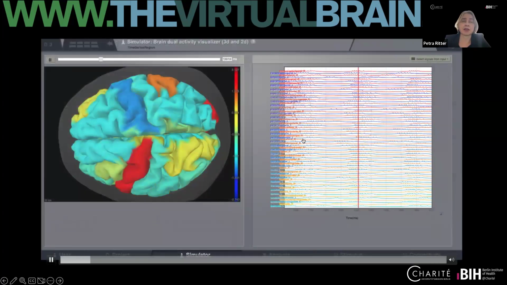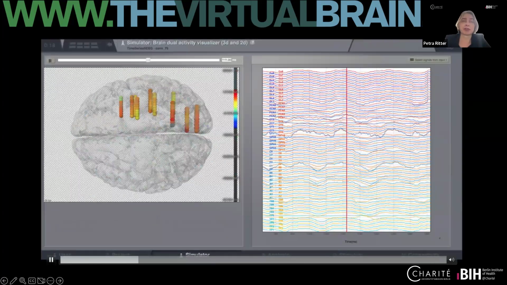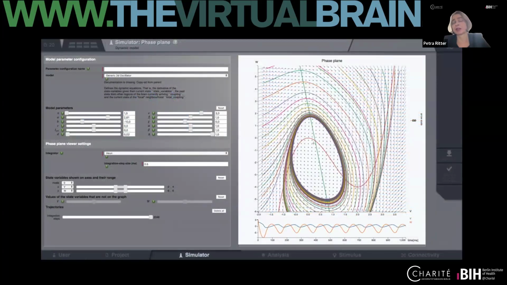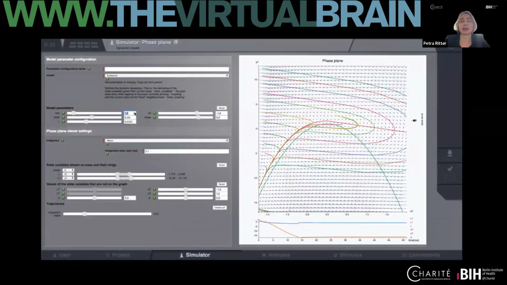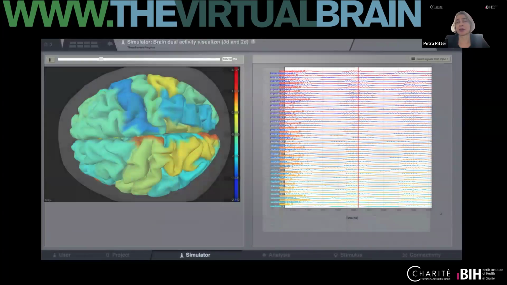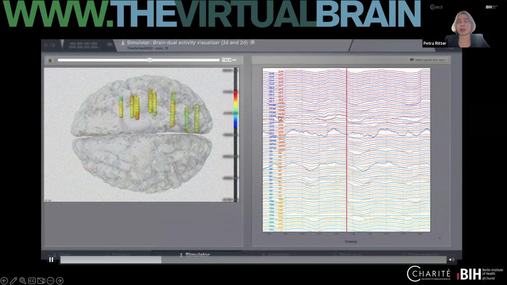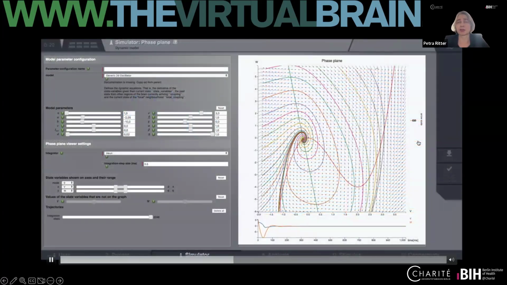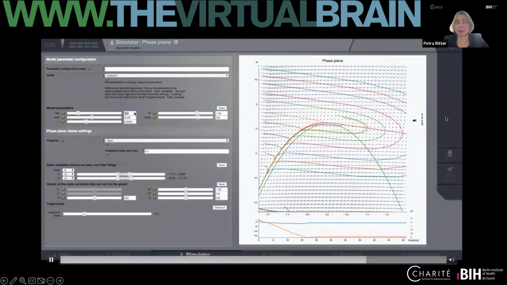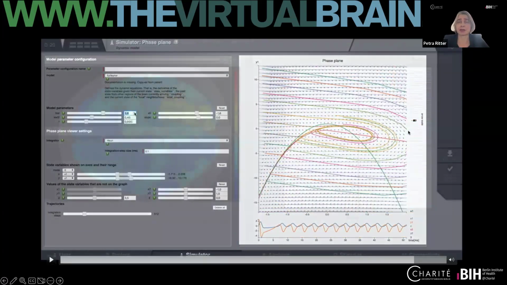It can be run in the cloud, so you do not need to download the software. Of course, you can do this. It's free, it's available, but you can also directly start it in the available cloud resources provided by eBrains, and there you can run simulations. Of course, you can also use the command line interface if you are not in favor of the graphical user interface.